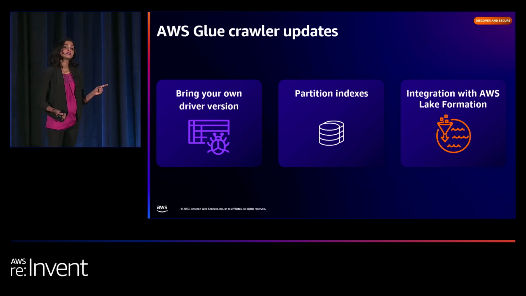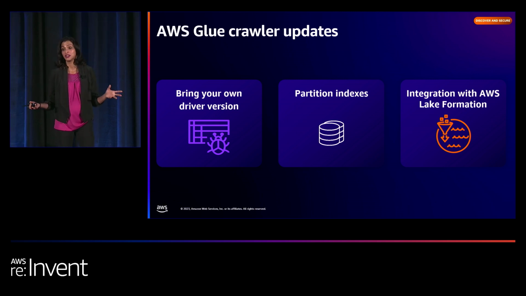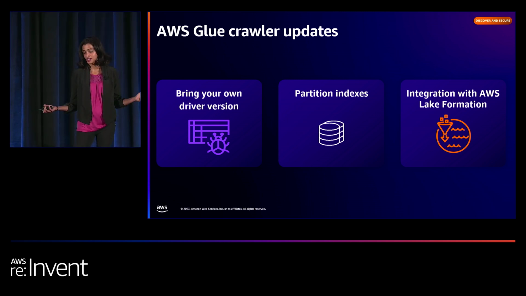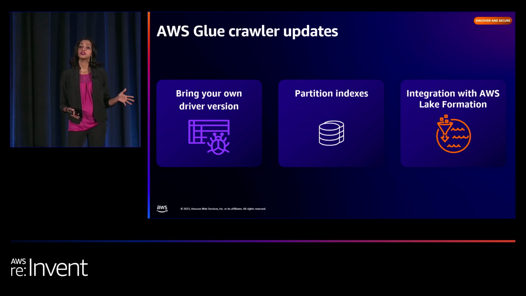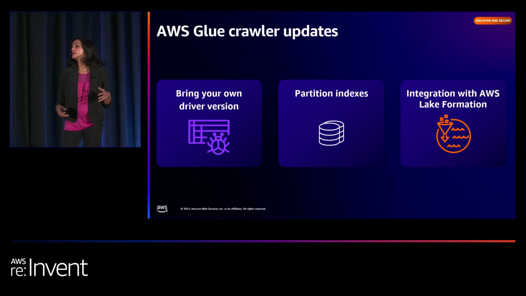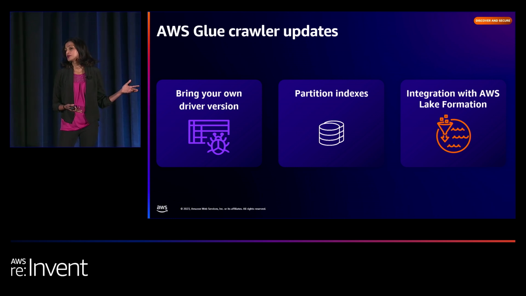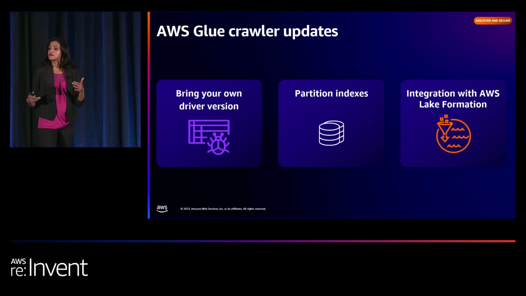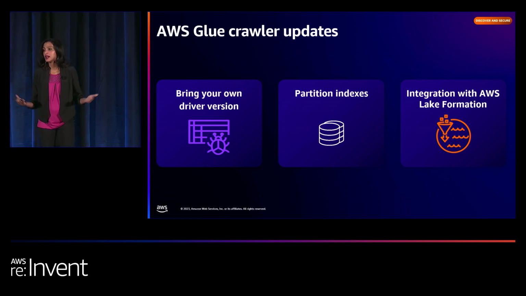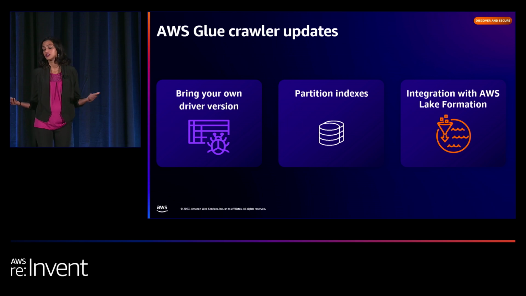And partition indices are key, especially for deeply partitioned data in a traditional Hive Metastore. So when you have such deeply partitioned data, you need efficient partition indices so that from your choice of compute engine, you're able to effectively push down those partition predicates, so you're not spending immense time scanning all the partitions and data.